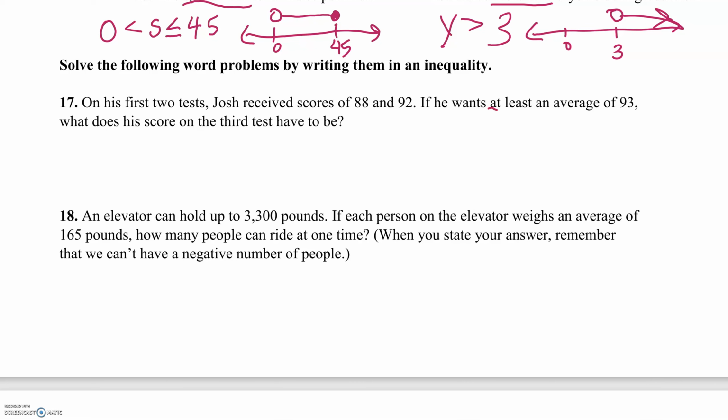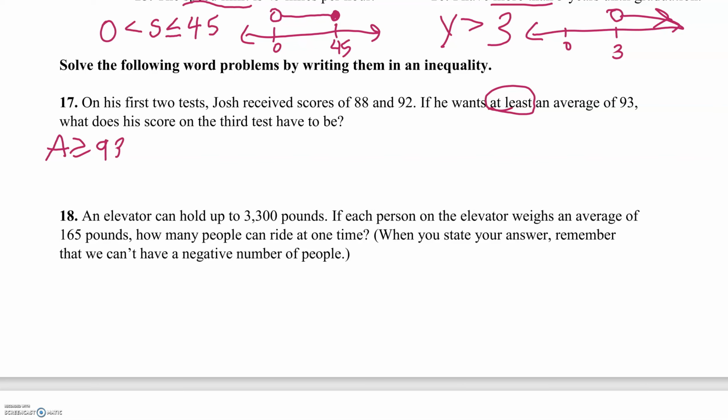So we have here a word that tells us an inequality is happening, and that is at least. So if I use the variable a for average, I'd say Josh wants his average to be at least 93. So he wants it to be greater than or equal to 93. So I'm going to set up an inequality that uses average.